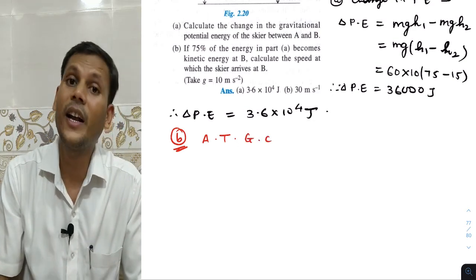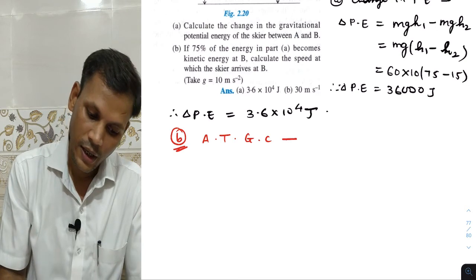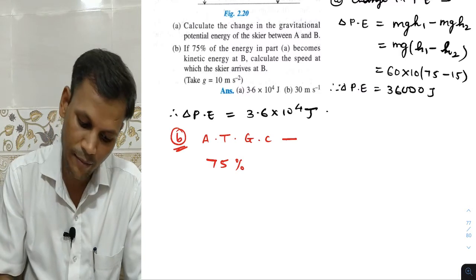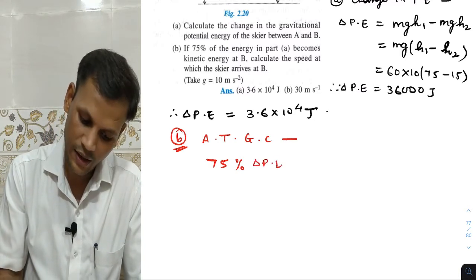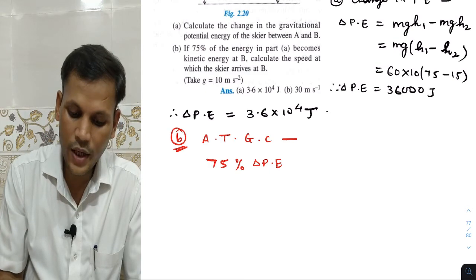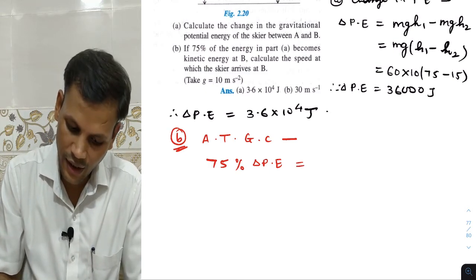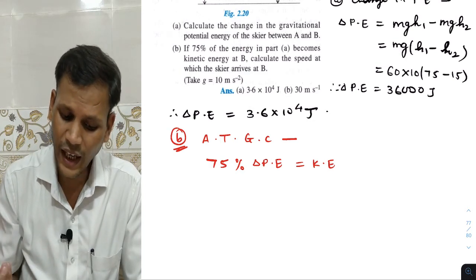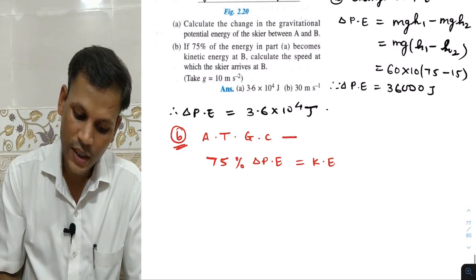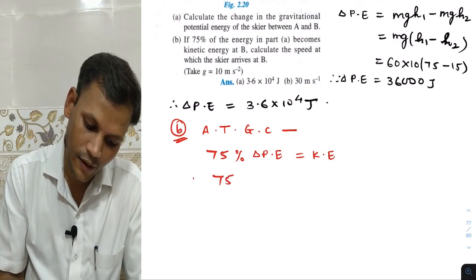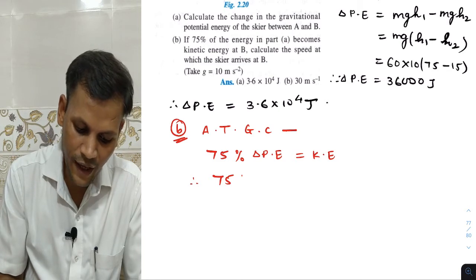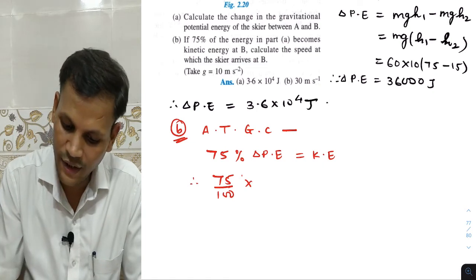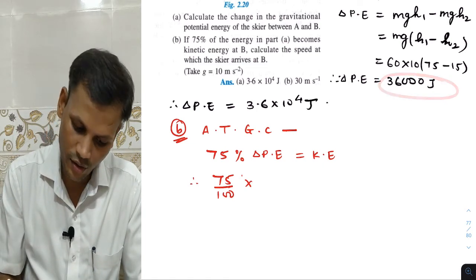ATGC stands for according to given condition. 75% of energy in part A, means delta PE, is equal to kinetic energy at part B. 75% means 75 by 100 into the change in potential energy. Already we have this term, 3600.